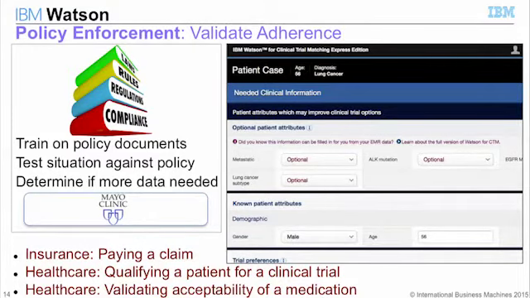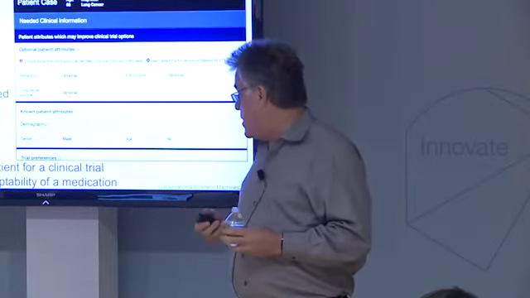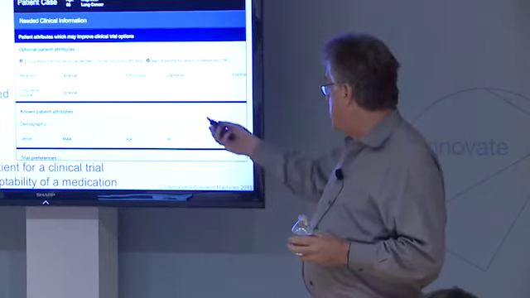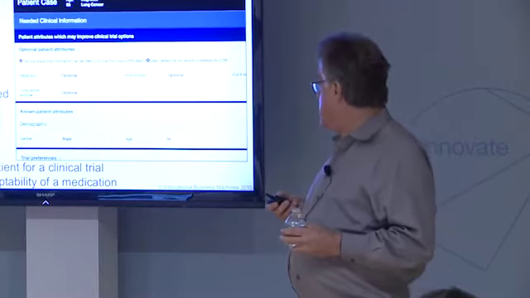If you're a doctor, you're interested in the rules for qualifying your patient for a clinical trial. So what this particular use is about is training the system on these policy documents and testing a particular situation or a case, as we like to call it, against a policy, determining which of these policies apply or if more data is needed. There are lots of use cases, some of them fairly broad. I mentioned clinical trial matching; paying claims is another one.